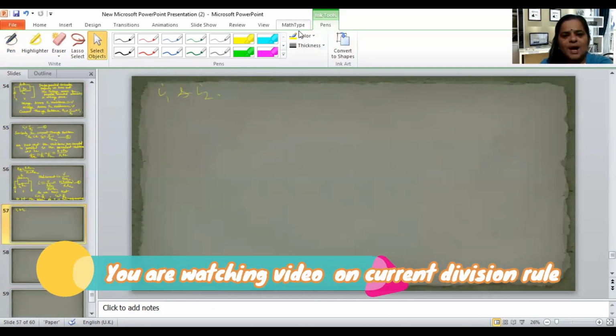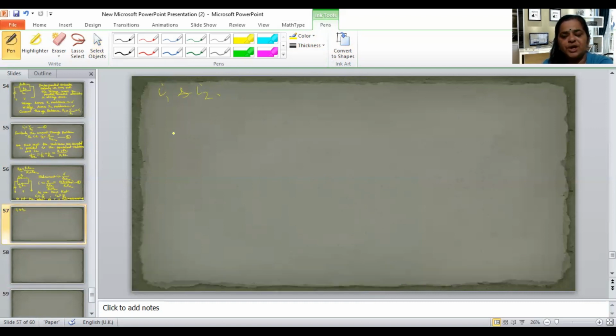So what we are basically doing is putting the value of V from equation number 3 into equations 1 and 2. From equation number 3, V is equal to I into R1 R2 upon R1 plus R2. So put this V in equations 1 and 2.